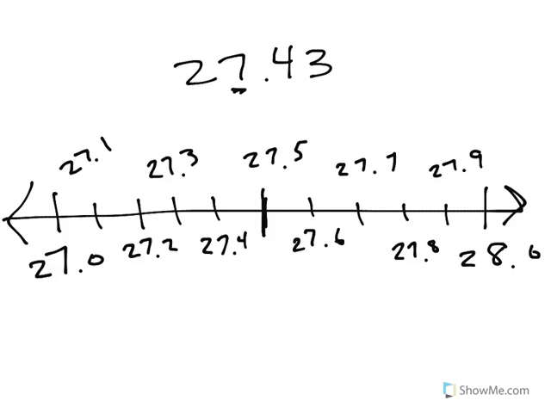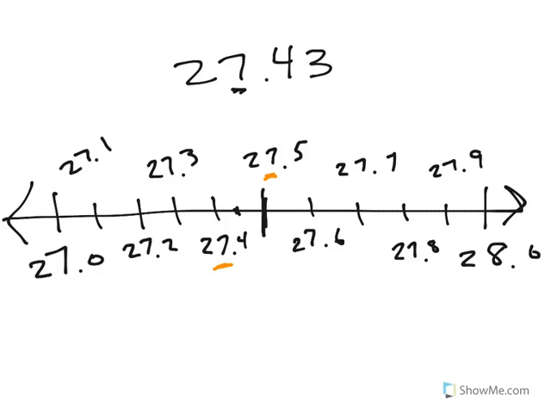I would look between 27 and 4 tenths, and 27 and 5 tenths. It would be in between there, and we know that the halfway mark is going to be 27.45. That would be like right here.